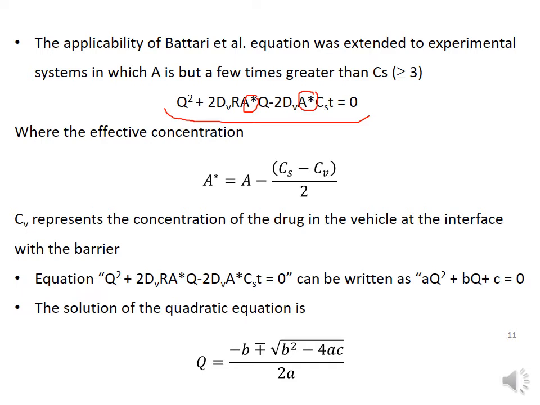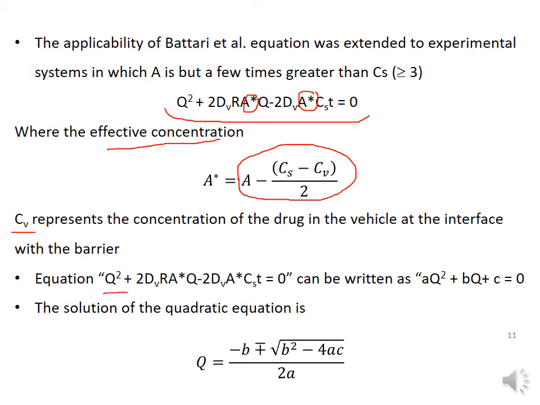In this case they use the effective concentration A star, and the effective concentration equals the concentration dissolved or undissolved, minus CS, which is the saturation, minus CV divided by 2, where CV represents the concentration of the drug in the vehicle at the interface with the barrier. CV was assumed to be 0 in Higuchi's model.